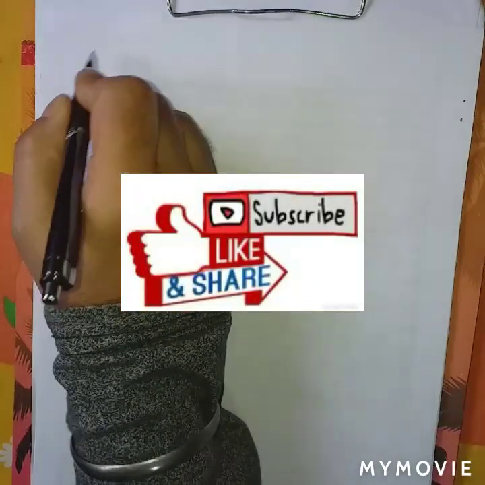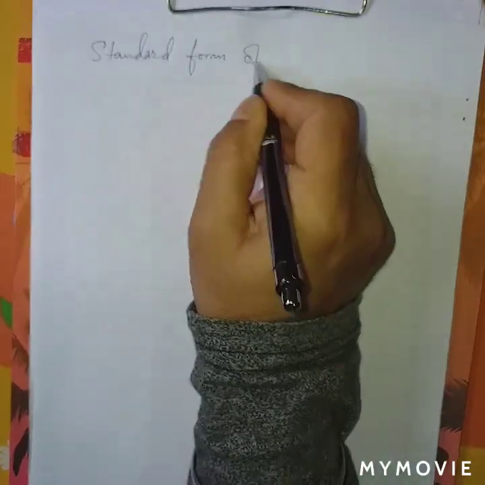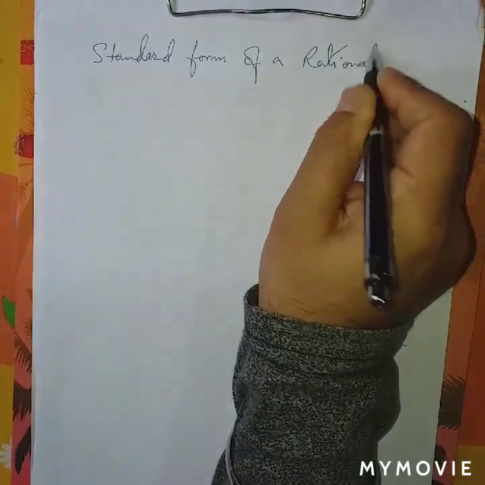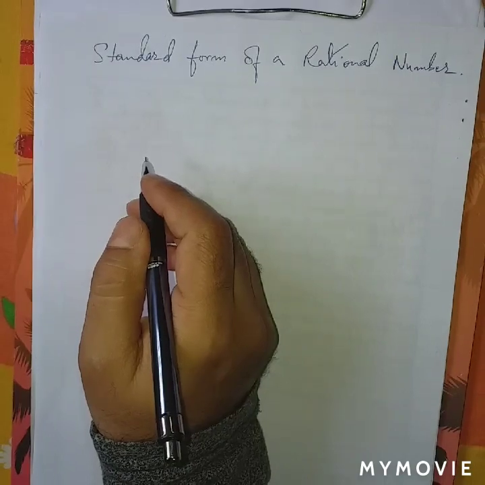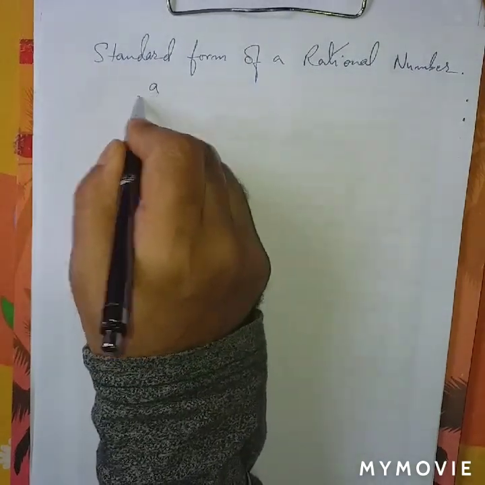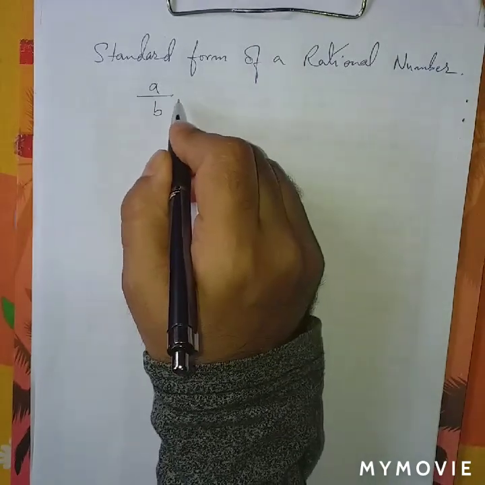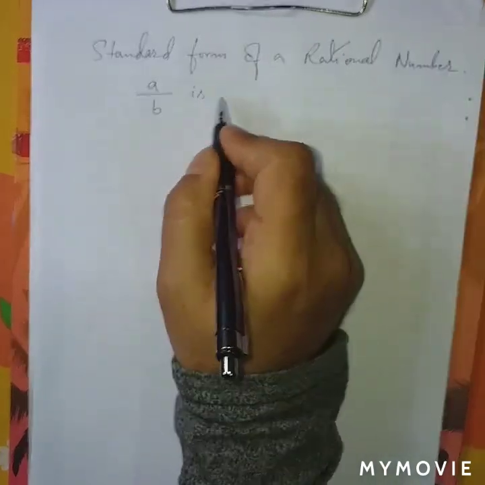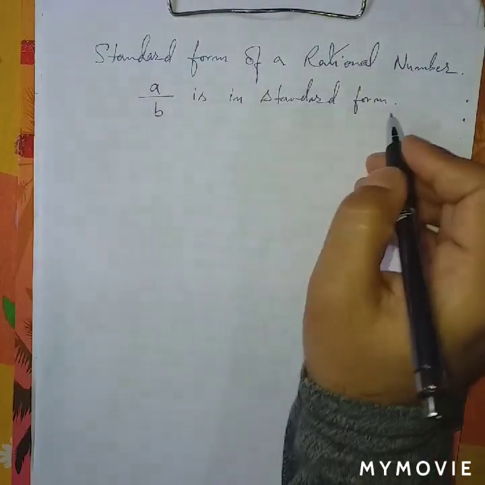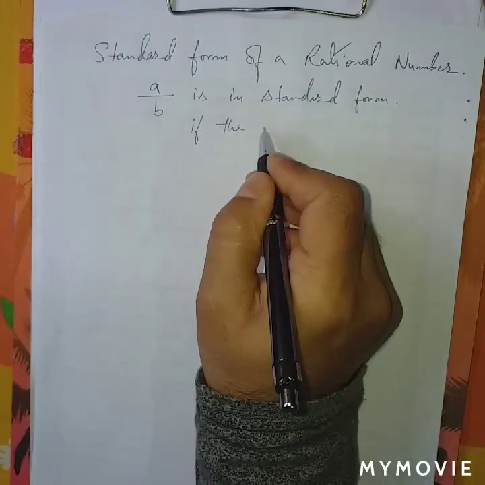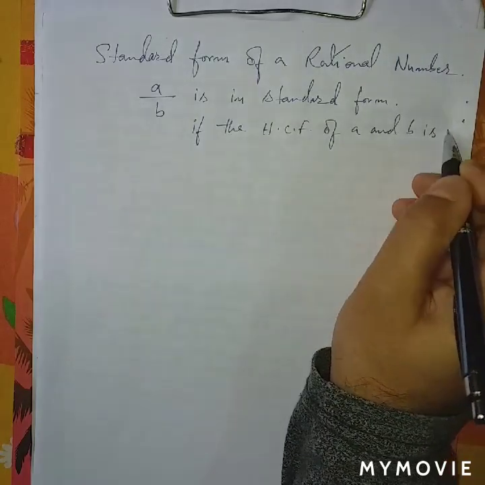Standard form of a rational number. Suppose a by b is a rational number, then we can say that this is in standard form if the HCF of a and b is 1.